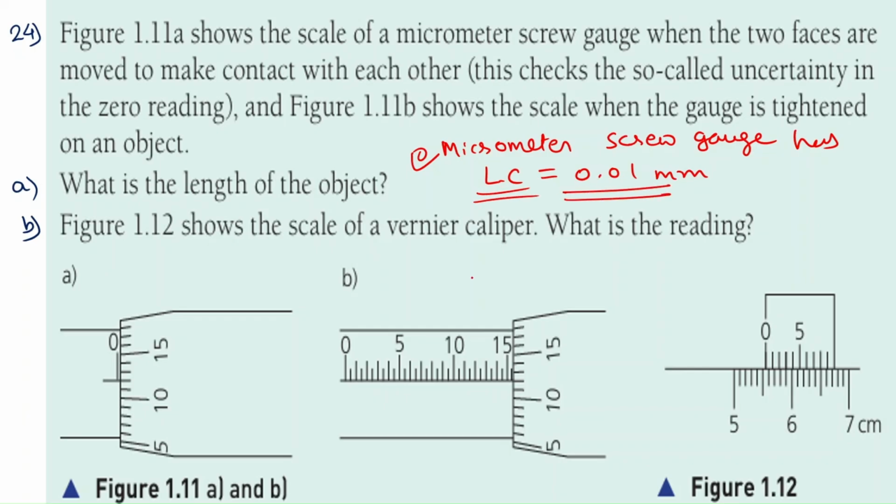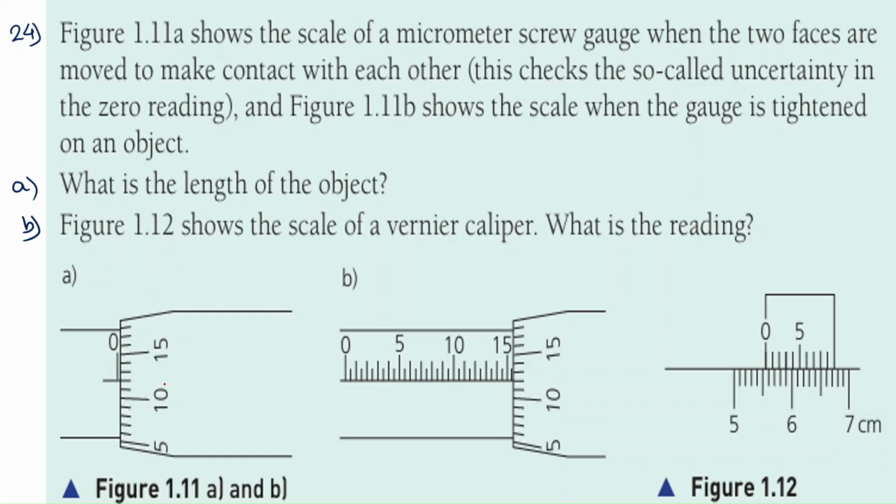Now, before we measure any object, we see here this is the main scale and this is the vernier scale, you can say. It contains 50 divisions or maybe 100 also.